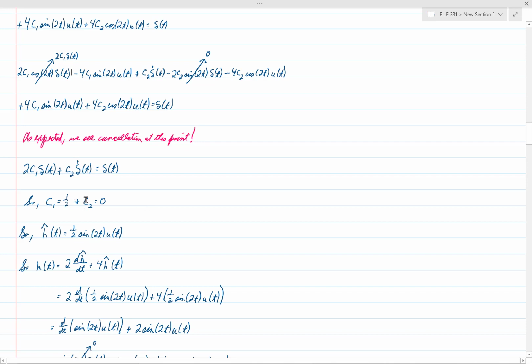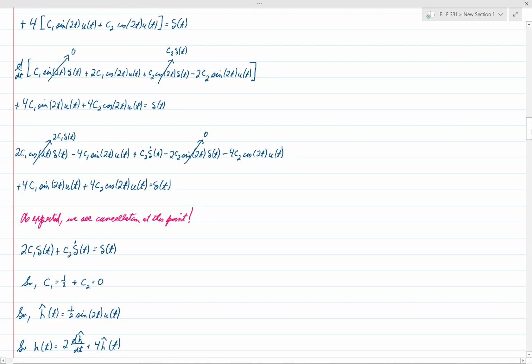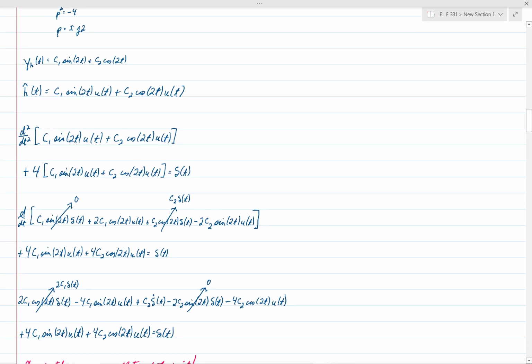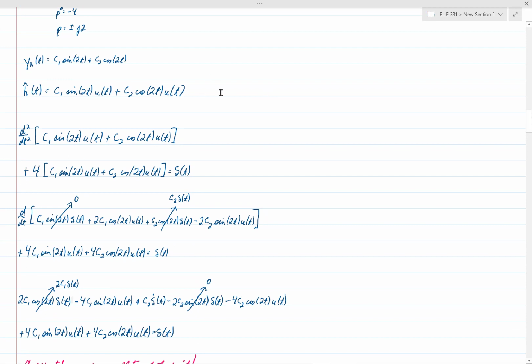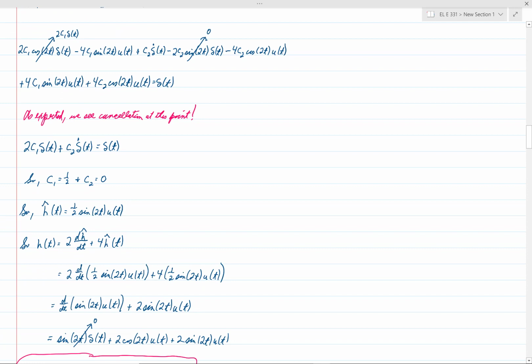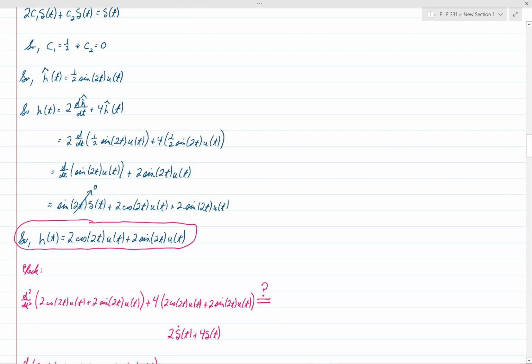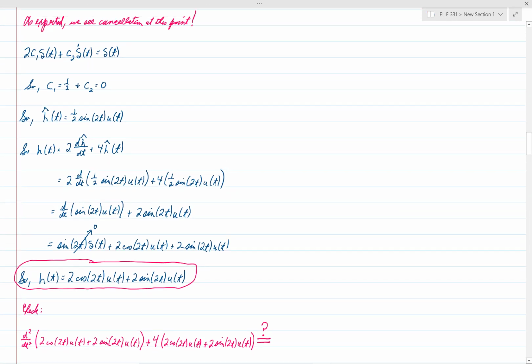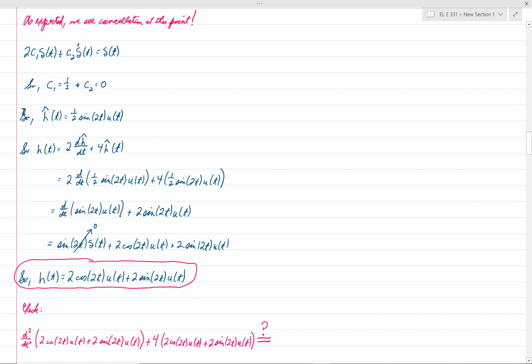We have c1 is 1/2, c2 is 0, and therefore plugging those two values back into our expression for h hat of t, which is right up here, we get h hat of t is equal to 1/2 sine of 2t u of t.